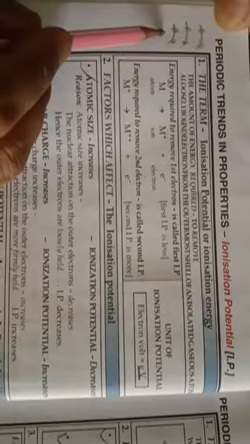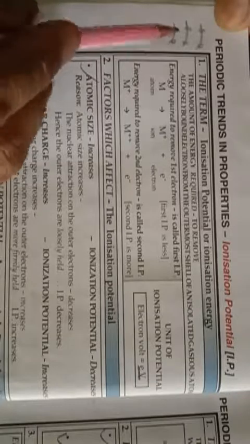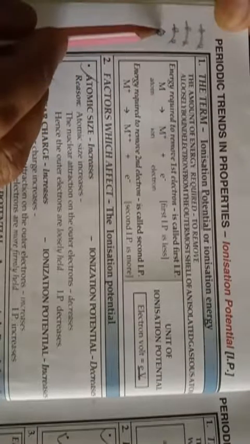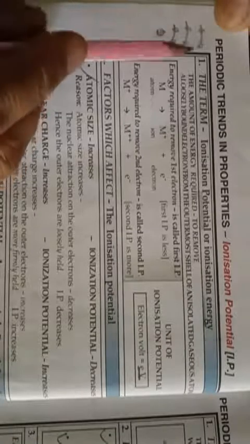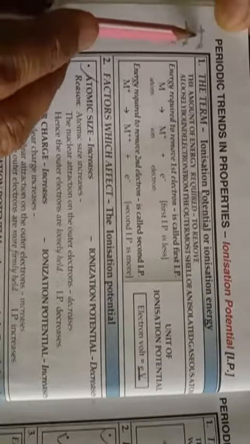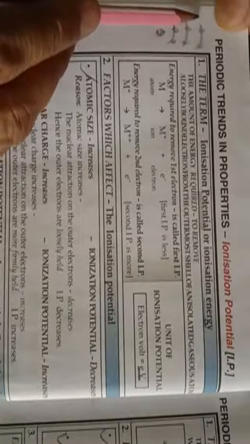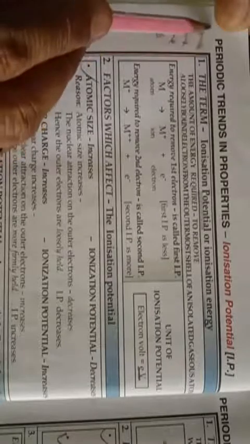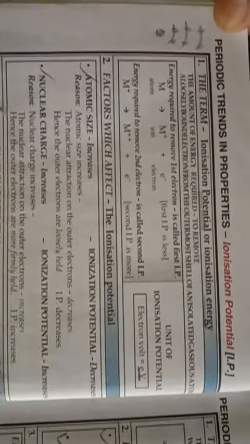As the distance from the nucleus to the shell increases, the force of attraction of the nucleus on the electrons decreases. It means the electrons present in the outermost shell will be the most loosely held electrons.